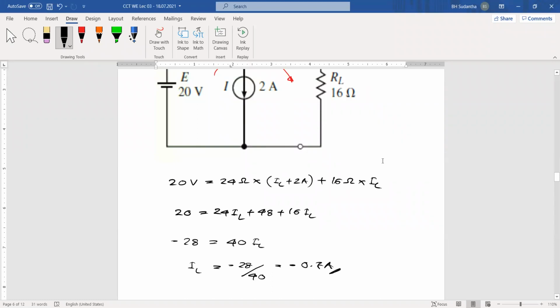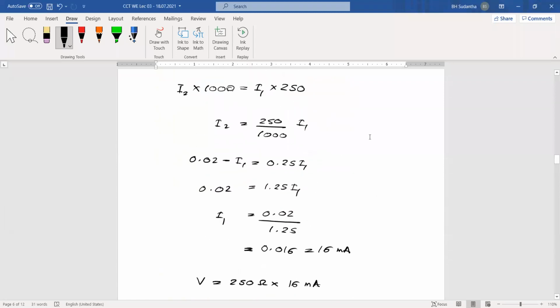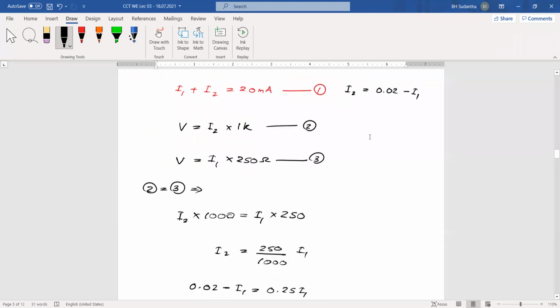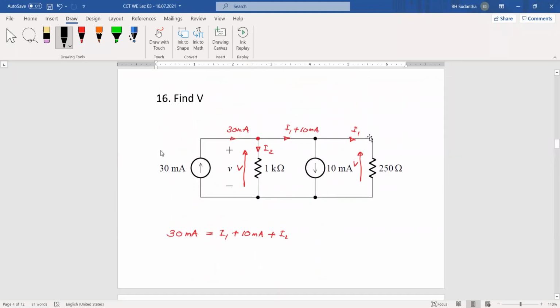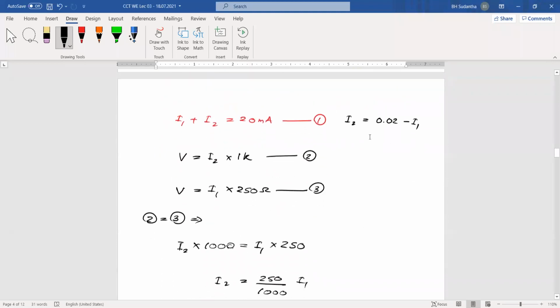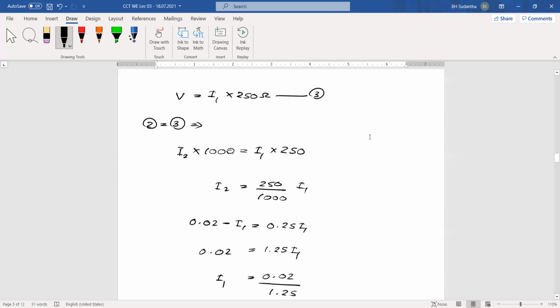Okay, then I see that in the previous question, shouldn't we take I1 into 250, I2 into 1000? Yes, that's okay. Then why do you take I2 plus 1000?